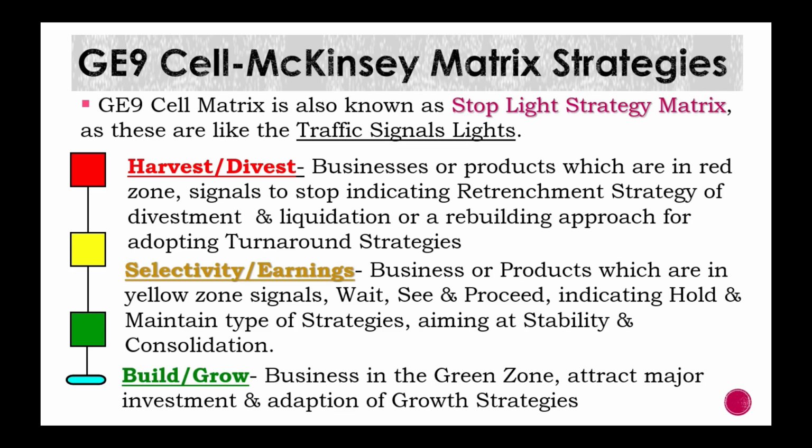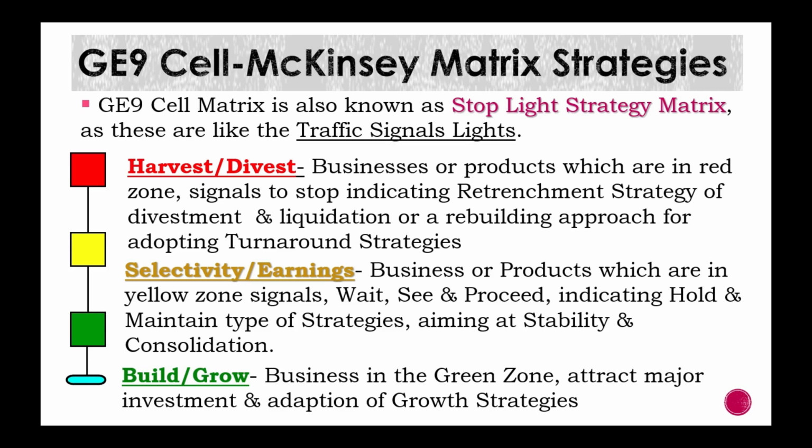Similarly, the SBUs which are falling in these three color codes help organizations take decisions on investment priorities. If the product or SBU is falling in the red zone, the business should think of a harvest or divest decision, indicating retrenchment strategies like divestment and liquidation, or a rebuilding approach for adopting turnaround strategies.